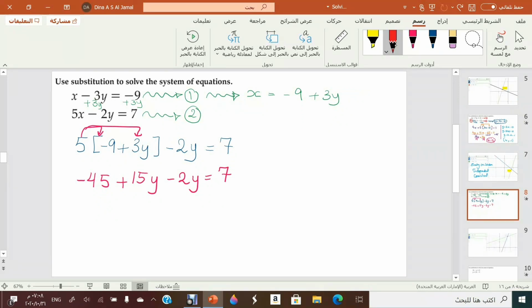Now let's look at the like terms here and let's move this one to the other side. So you have 13y here equal to 52.